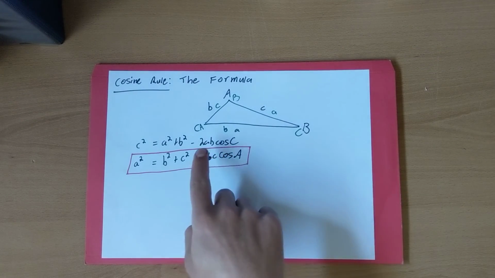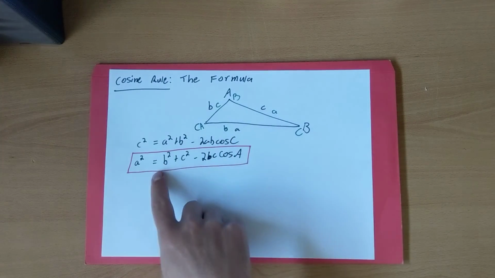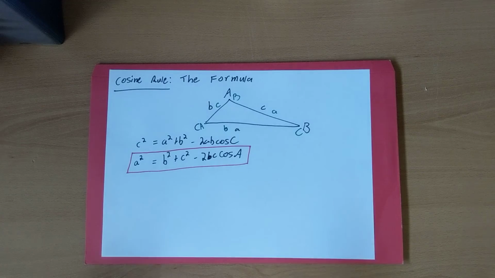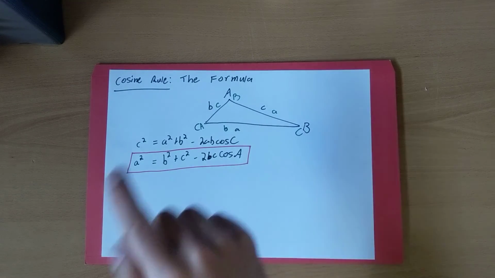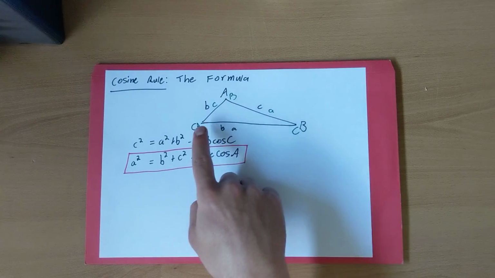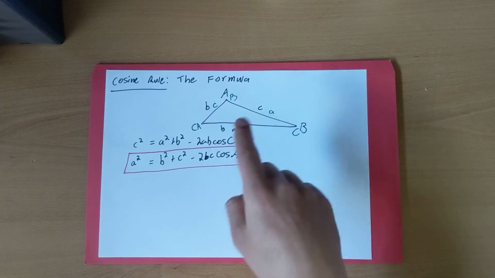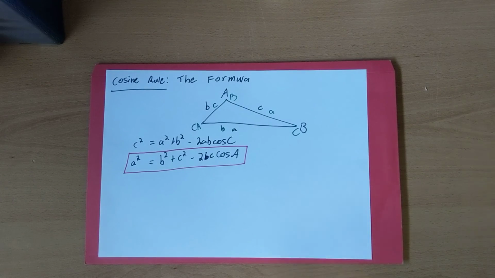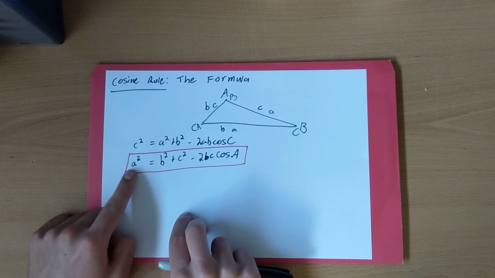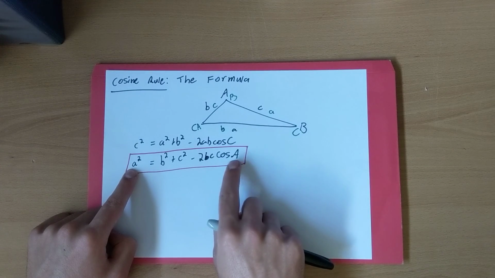It doesn't matter, like we just saw, what exactly is A and what's B and what's C. The important thing that you have to remember when you're using this formula is that every angle is opposite its corresponding side length. So the angle labelled A is opposite the side length labelled a. And the reason why that's important is because you have to make sure that whatever side length you put in this position of the formula, it's the side length that is opposite the angle that you're using in your formula.